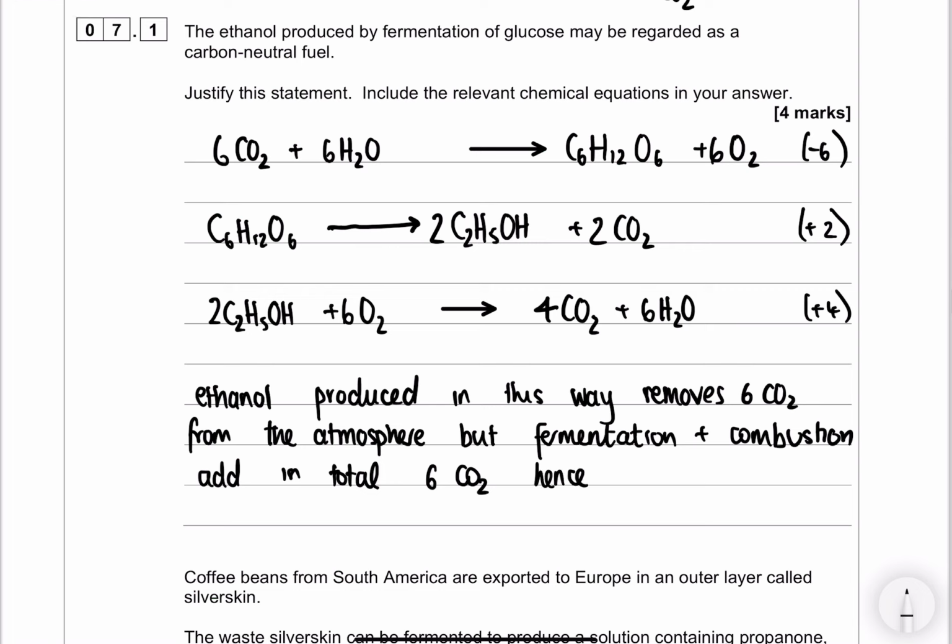Hence, it can be considered carbon neutral.